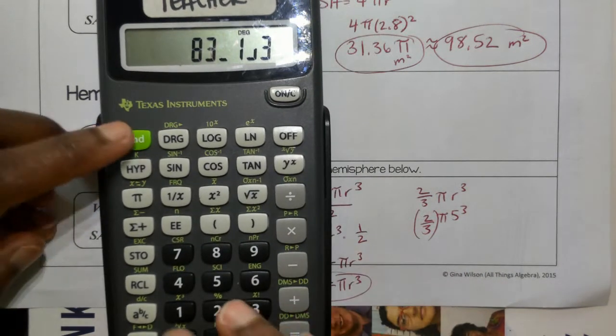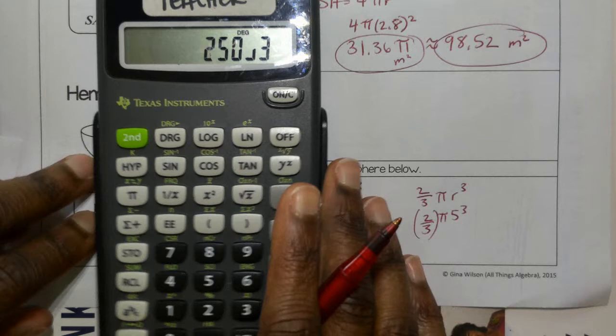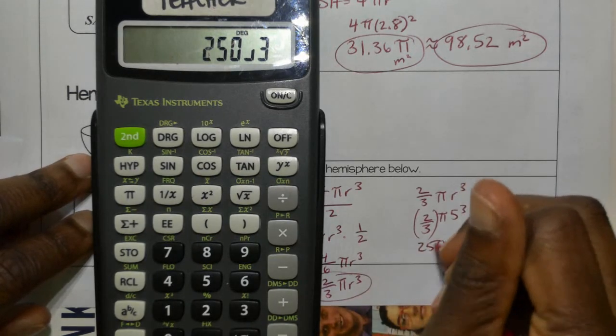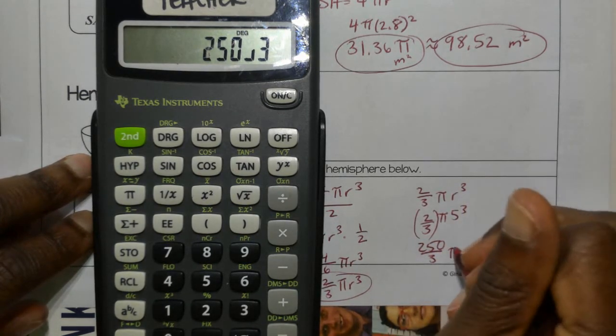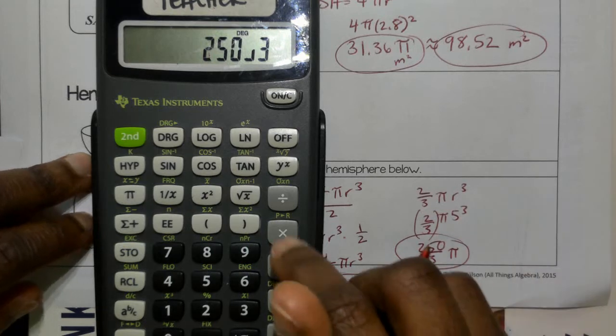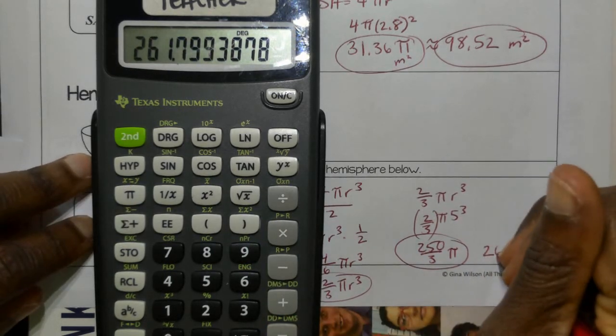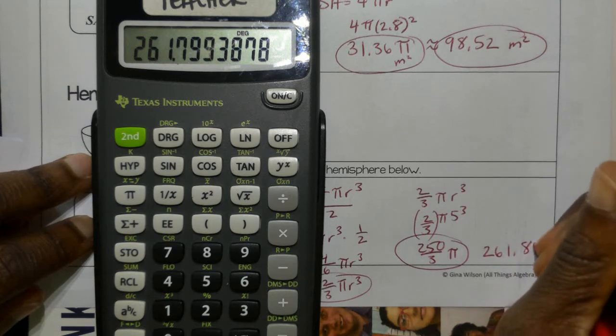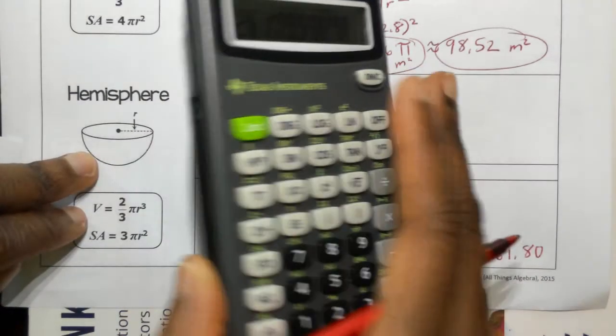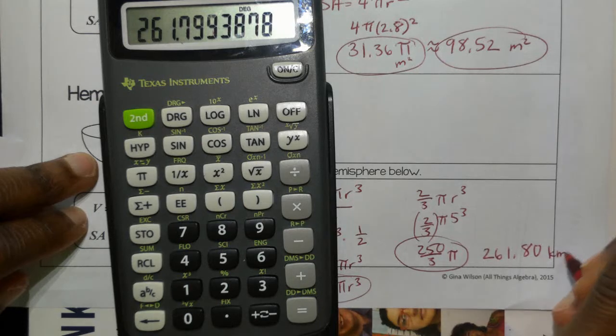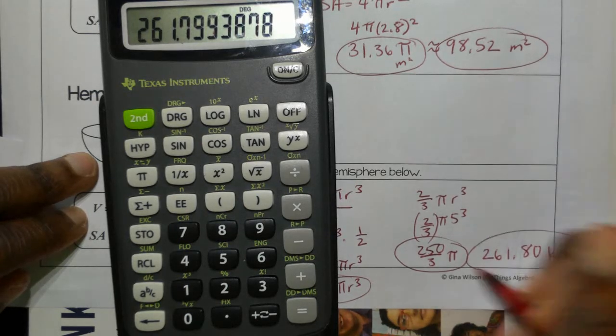Gives me an improper or mixed number. So to get an improper fraction, I want to just do 250 over 3 pi. Timesing that by pi, I get 261.8 kilometers cubed.